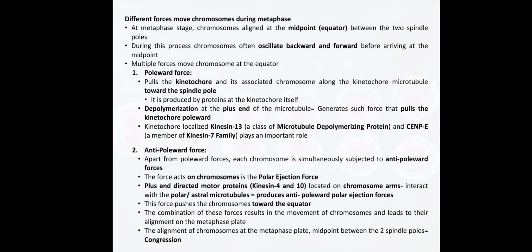This force pushes the chromosomes towards the equator so that at metaphase the chromosomes are aligned on the metaphase plate. This alignment of chromosomes at the metaphase plate, the midpoint between the two spindle poles, is commonly called congregation. So this was about the metaphase stage of mitosis cell division.